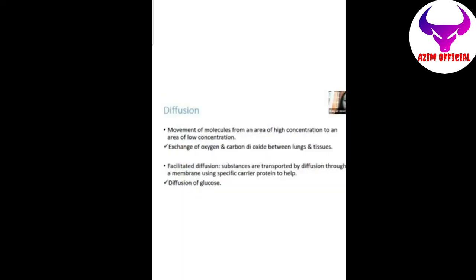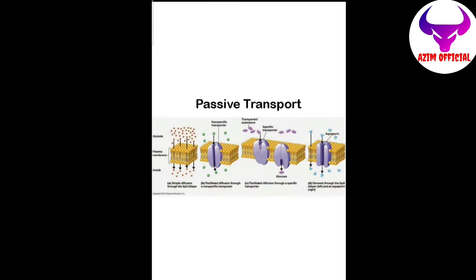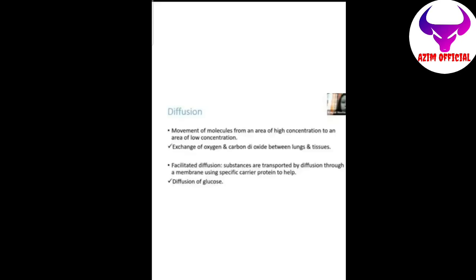We'll see it in the picture on the next slide, inshallah. Diffusion of glucose uses some of the carrier proteins. These are the facilitated transport. This is an example of facilitated diffusion.